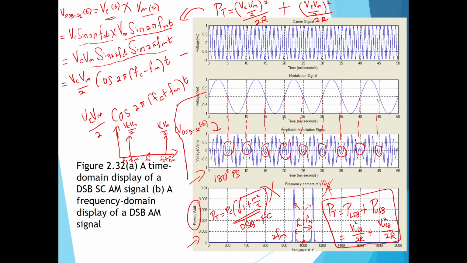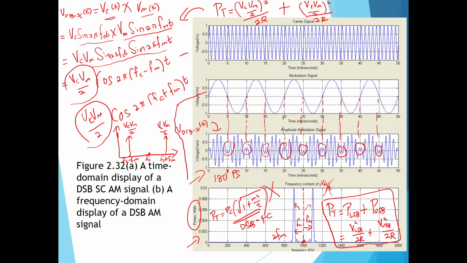If I go back a few slides, you see that when we suppress the carrier, mathematically we can increase the amplitude of the sideband, which becomes VCVM over 2, not Vm over 2 anymore.